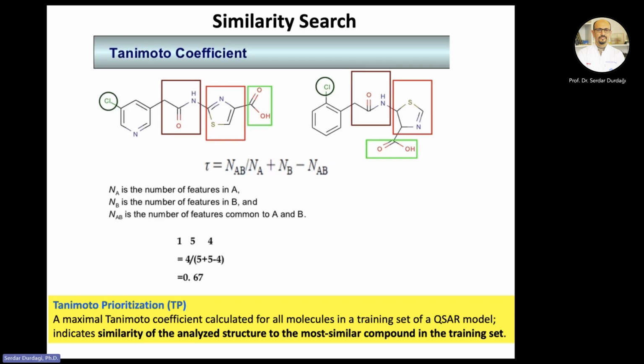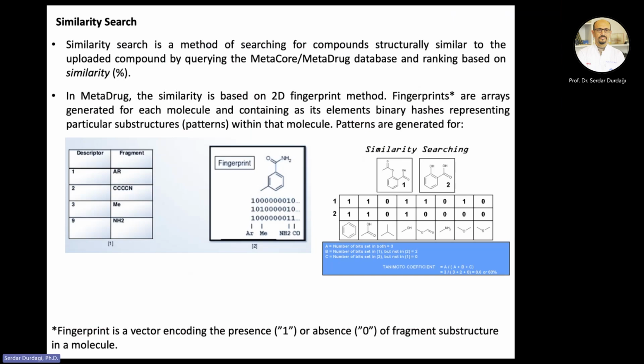So if you have your molecule, it will be checked by Tanimoto coefficient against the training set one by one, a similarity search, and the highest Tanimoto coefficient value between your molecule and the molecules in the data set will be given.